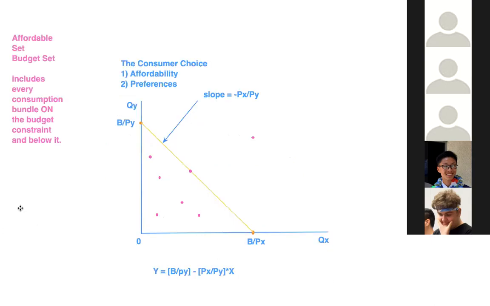So the budget set is an inequality: B is greater than or equal to px times x plus py times y. And the budget constraint, I'll put it over here.